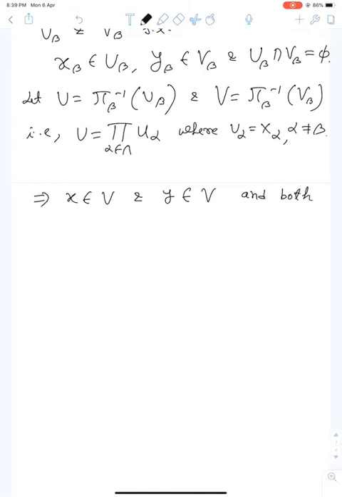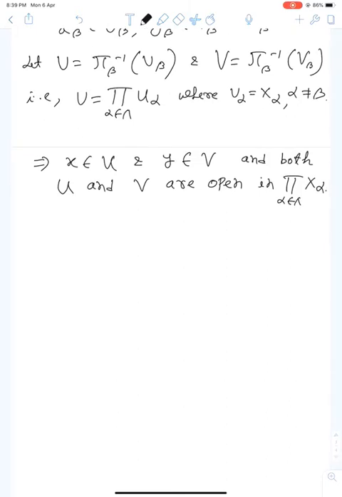both U and V are open in this product. And also U intersection V is empty. Why?